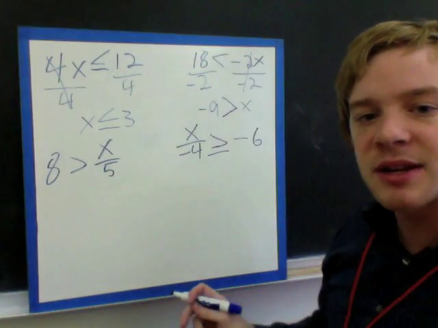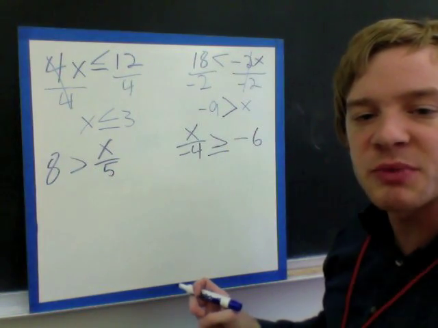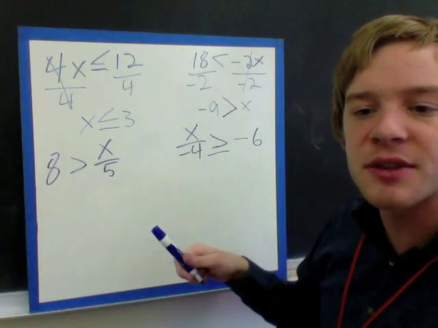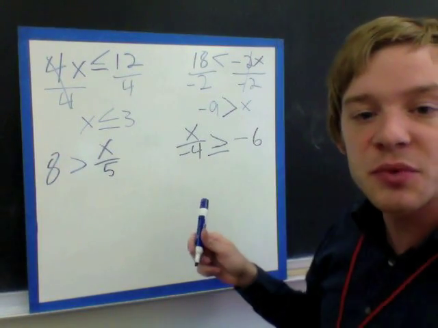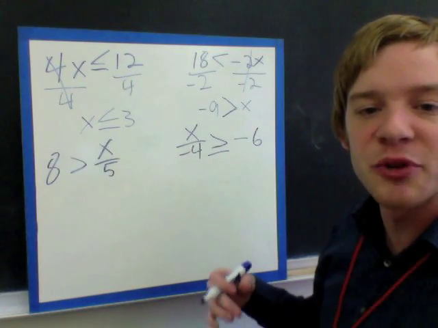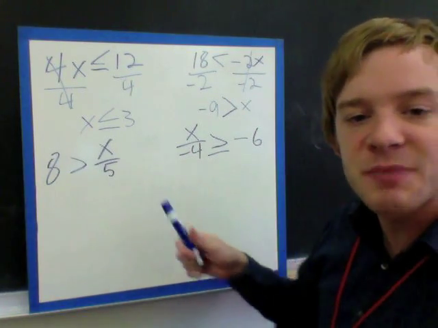So let's go ahead down here and check out some of these problems where we need to cancel out division. Remember, anytime you see x in a fraction like this, you know that that means we have division. We need to cancel the division out by doing the opposite, multiplying. So we're going to multiply both sides by 5.